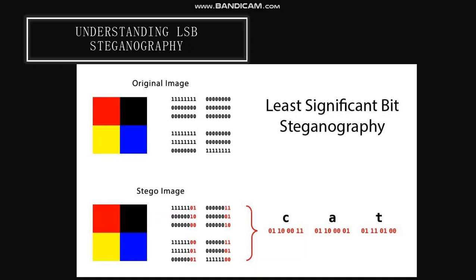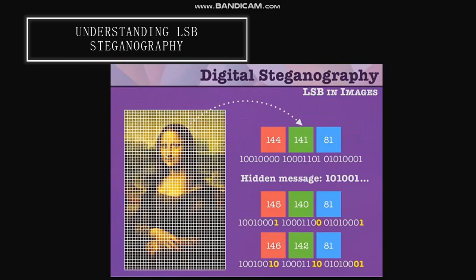As you can see in this image, the original image is converted into a stego image by the encoding and decoding process. In this image also, the text numbers are converted into binary format so they can be used as a hidden message.